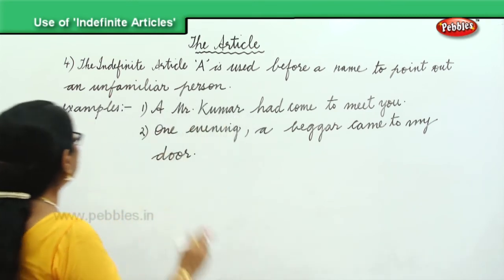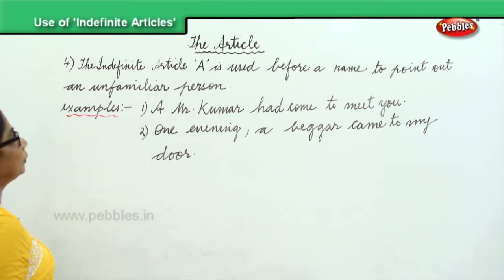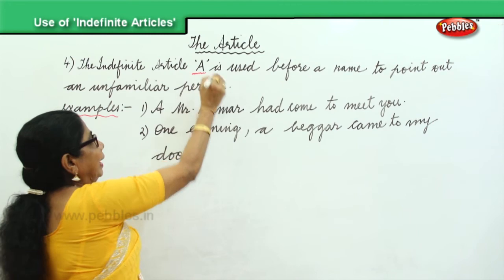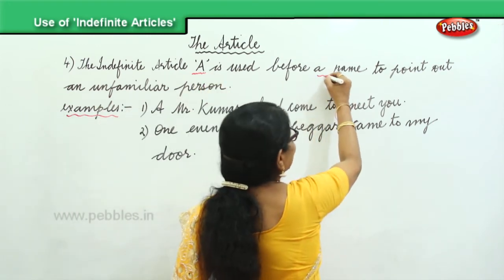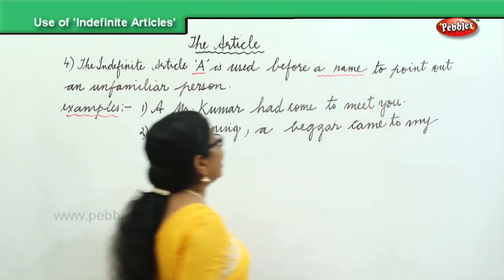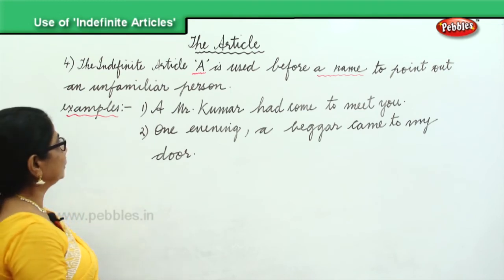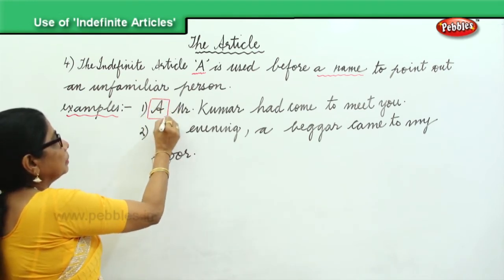Okay, look at it now. Examples we have here. We're talking about the fourth type. Indefinite article a is used before a name to point out an unfamiliar person. A Mr. Kumar.